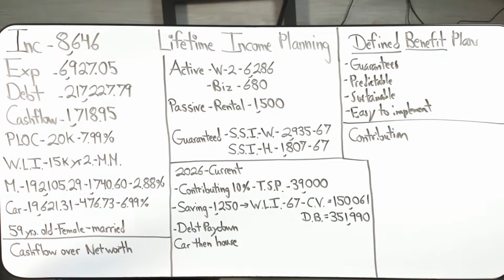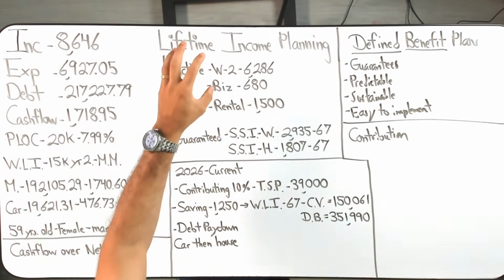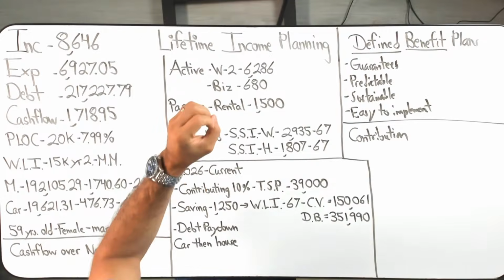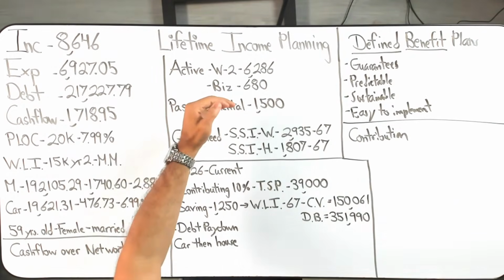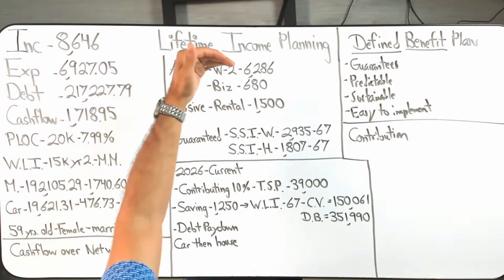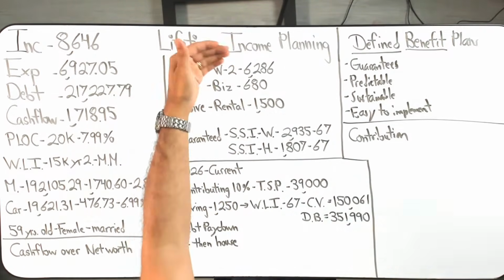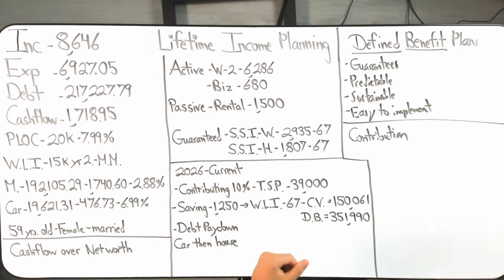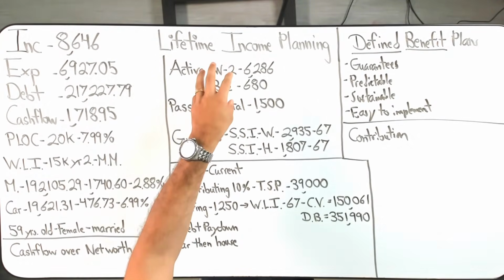And they have successfully put themselves in a position. Here's what they've created. They have active income via a W-2 position, and they have a business. This business is based off of a skill that they've developed and crafted and mastered over so many years in their W-2 position. And that has to do with therapy.